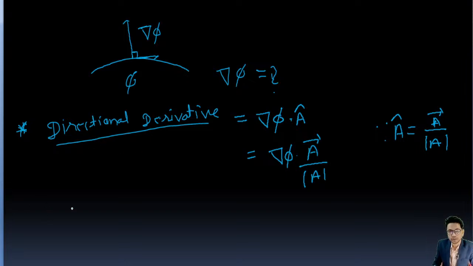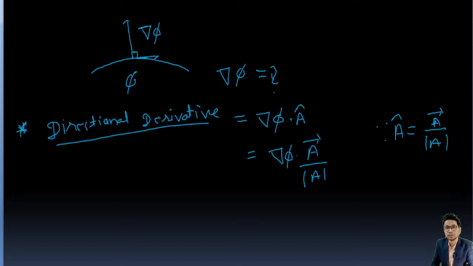Now we will write the equation of plane. There are many questions which are asked in NET, GATE, IIT-Jam and other exams related to gradient, which I'm going to solve today for you.